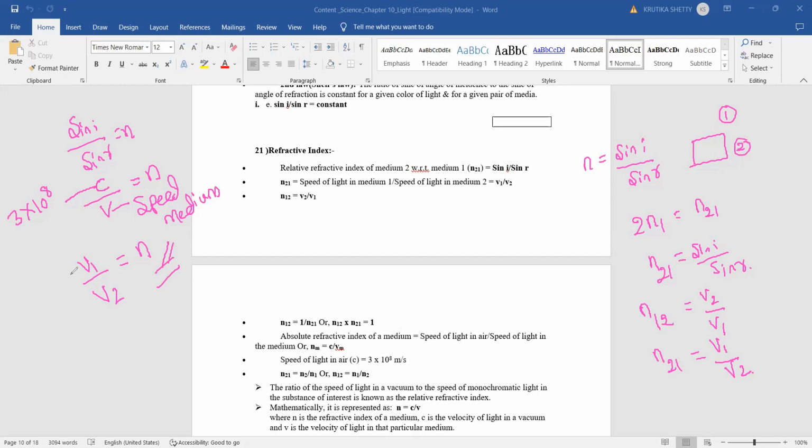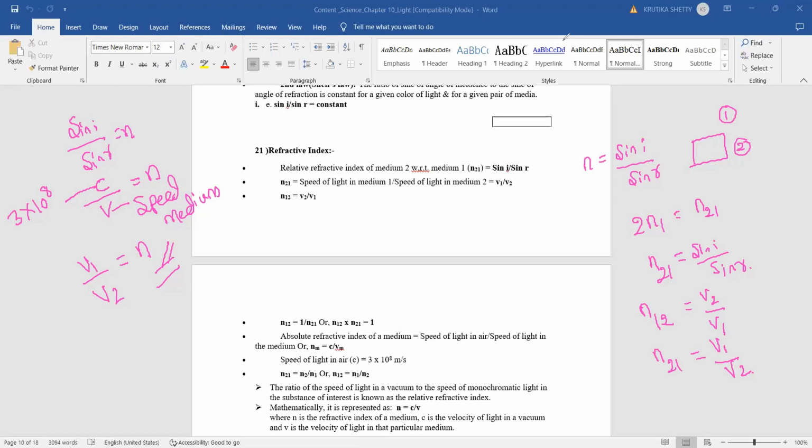Here you may get a question. What is the unit of refractive index? Anybody tell me what unit it will have? What does it mean by unit? Force is in Newton, mass is expressed in kg, length is meter. Like that, what is the unit of this refractive index? Yes students, the formula is in front of you. Can you tell? Yes.